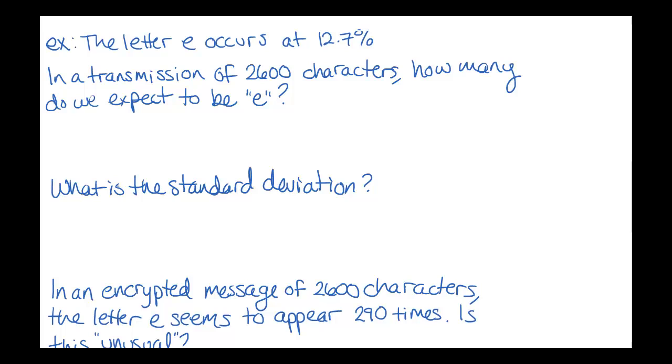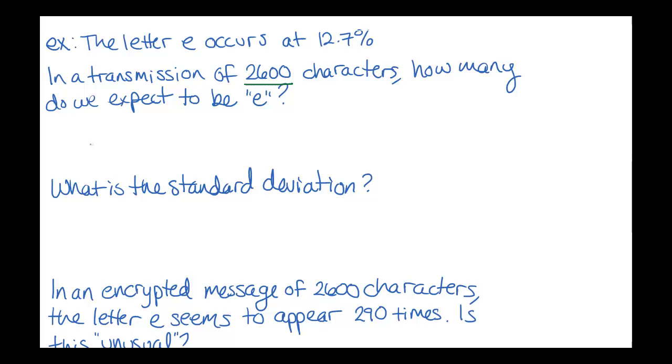Another example here has to do with cryptography. When they look at breaking codes, one of the things that comes into play is how frequent each letter is. In English, the letter E occurs 12.7% of all characters. So if we're looking at a transmission of 2,600 characters, how many would we expect to be E?